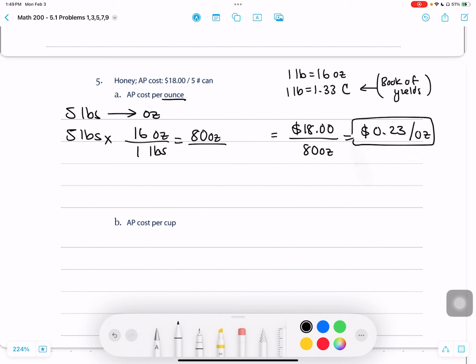per ounce of honey. Okay, let's go ahead and find the cost per cup of honey here. Again, I'm going to take the 5 pounds and I have to convert this to cups. That's the first thing that I'm doing. So 5 pounds, we are converting to cups. And you can see that pounds is weight and cups is volume. So I would need to go to the book of yields and find an equivalence between weight and volume for specifically honey.